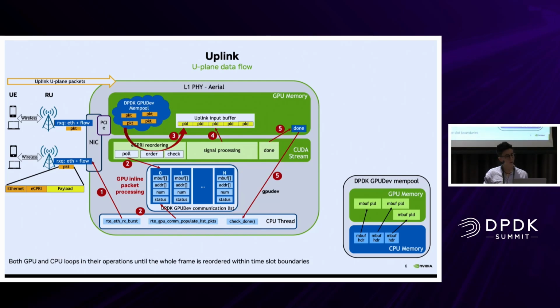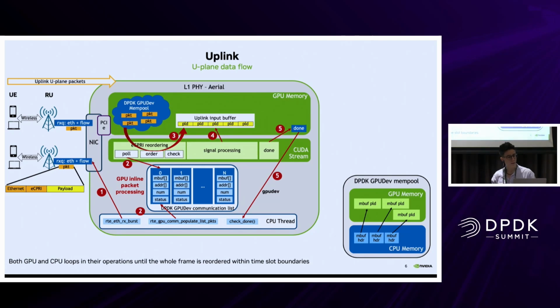To do that, it uses another object that you can find in the GPUDev library, the communication list. That is basically a list of structures allocated in a memory that is shared between the CPU and the GPU, so they can both read or write the memory structures in this list.